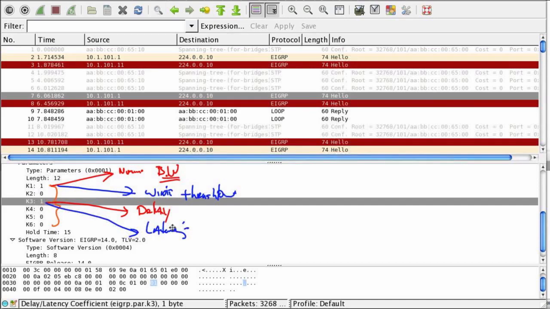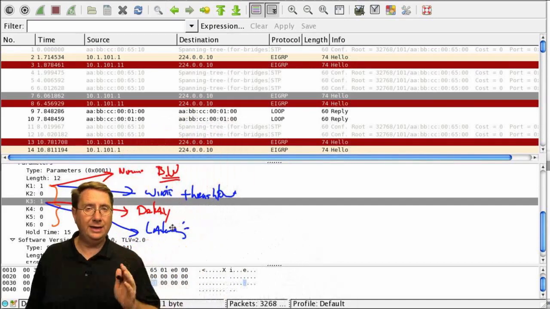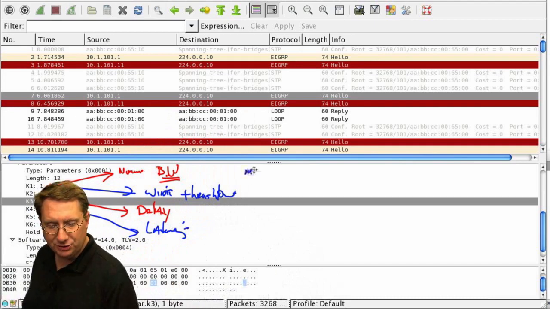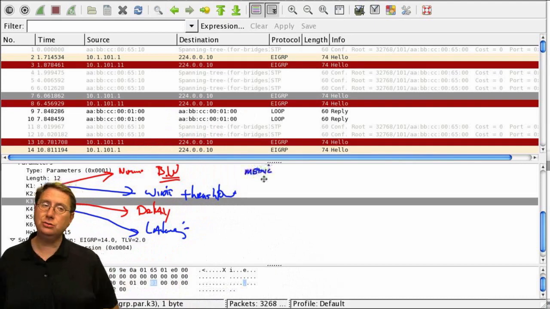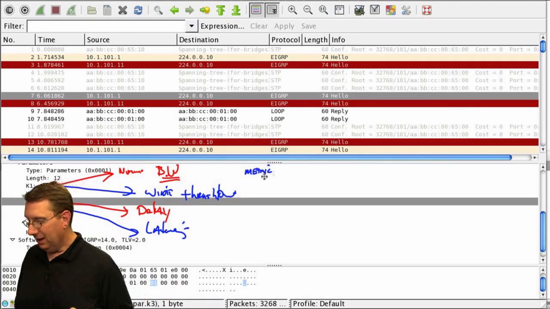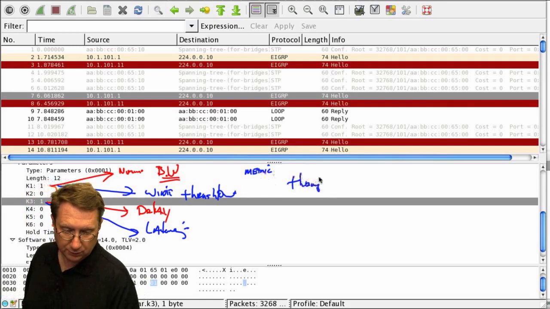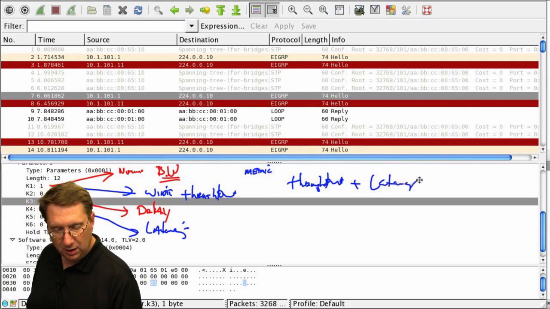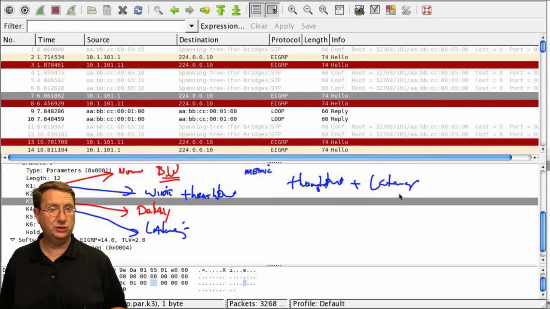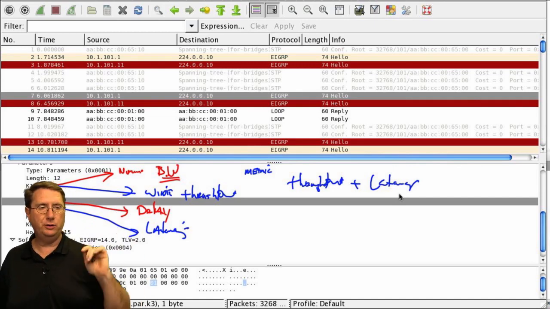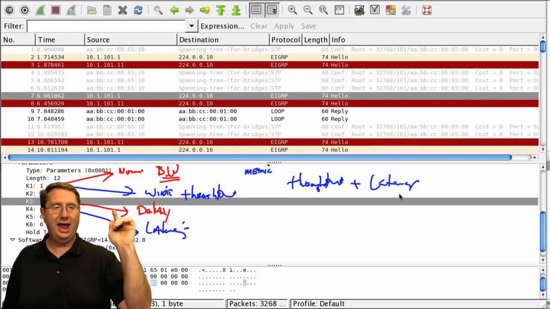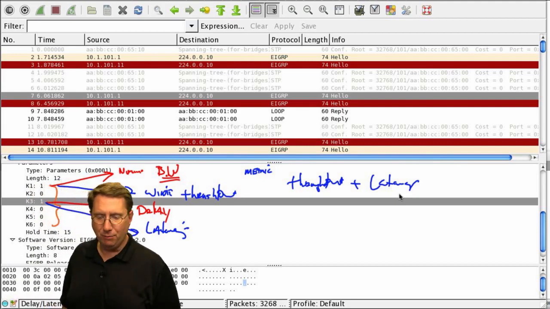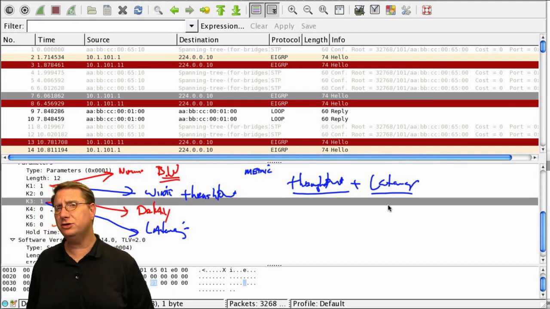Well, I'm bringing this up because in wide or in named mode operation, our composite metric is actually compiled by taking the throughput plus our latency. So as you can see, we're still using the same coefficients. 1 and 3 are on, therefore we're using bandwidth and delay for normal computation and throughput and latency for our wide metric computations. Now the problem is that this is EIGRP, so it's never straightforward.